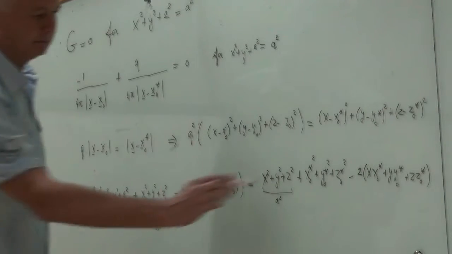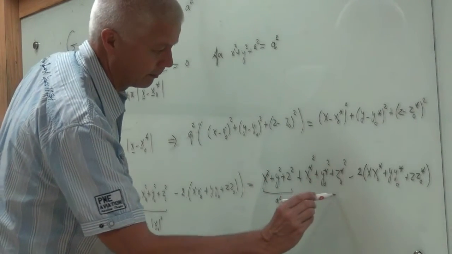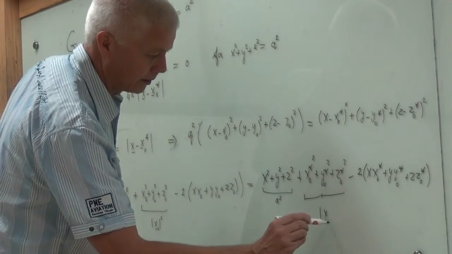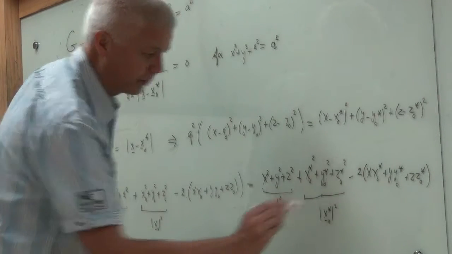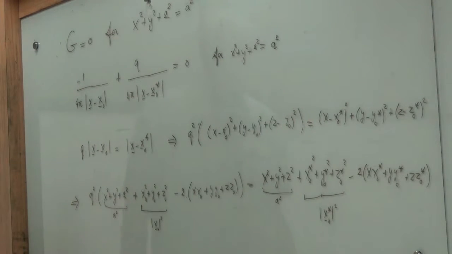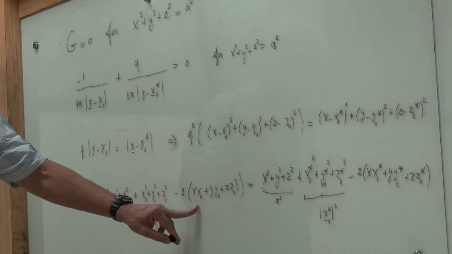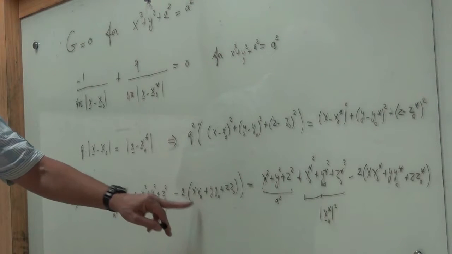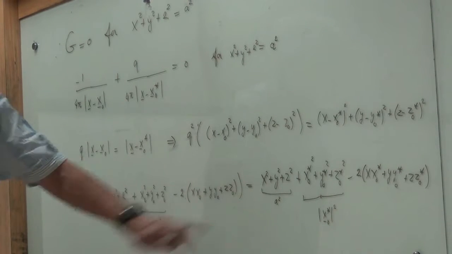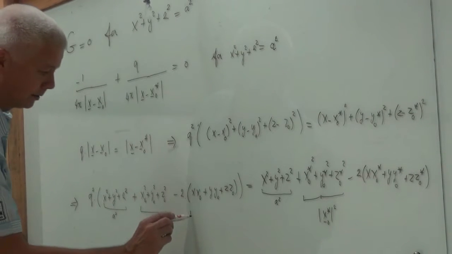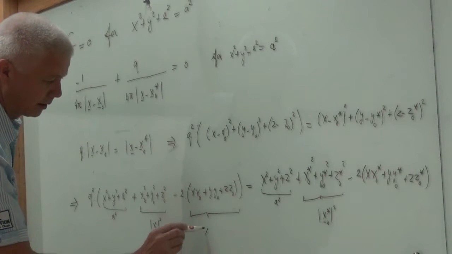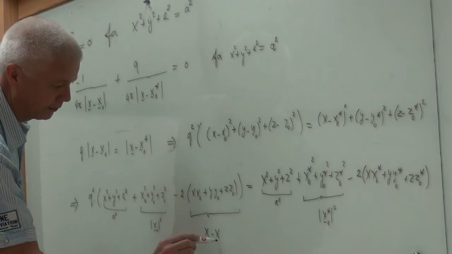So this is x0 squared. Similarly, this is the length x0 star squared. If I look carefully at what I have over here, then I have the inner product of the vector x with x0.